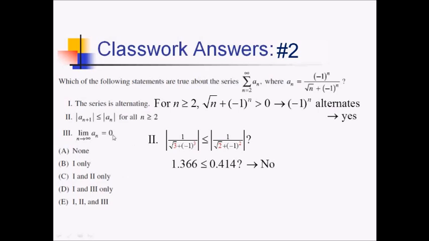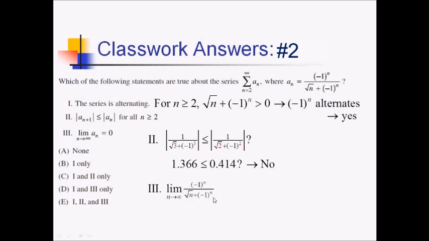Now this last one's a little bit easier to check. They're saying the limit of this expression here is 0 as n approaches infinity. Well, as n approaches infinity, we can forget about this -1 to the n, because it changes back and forth between negative and positive 1, but this other term here that's growing to infinity far outpaces it.